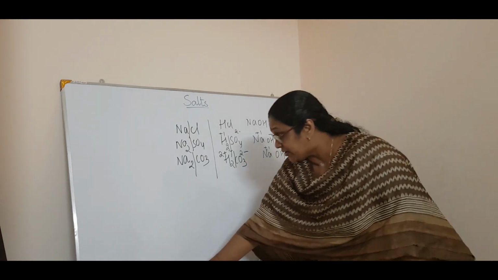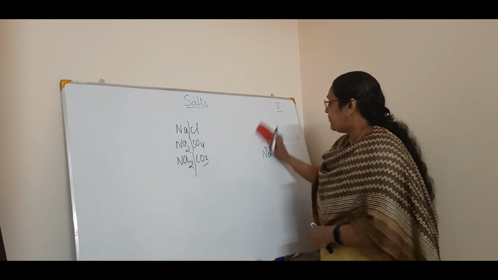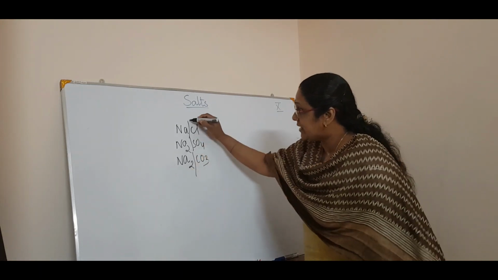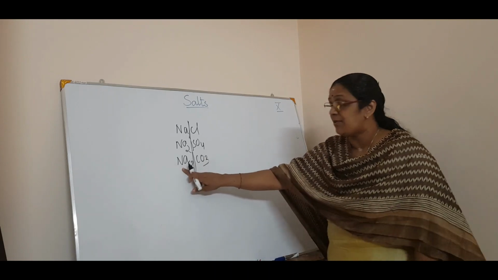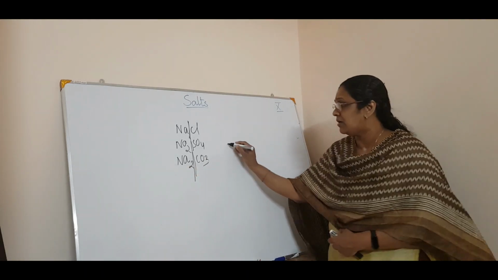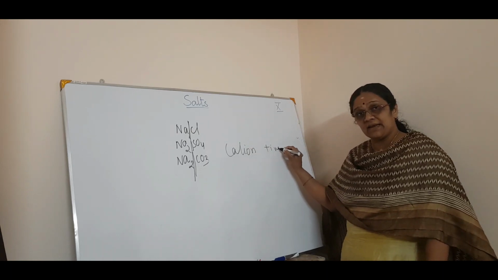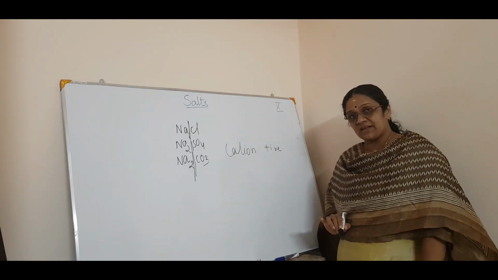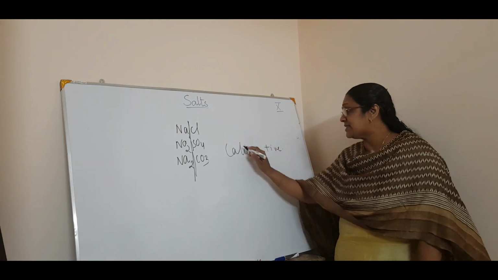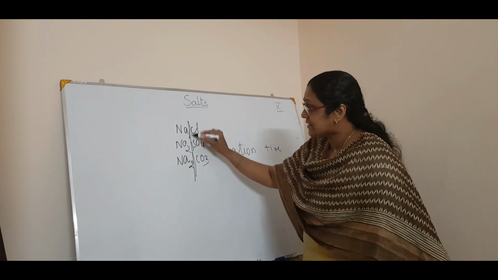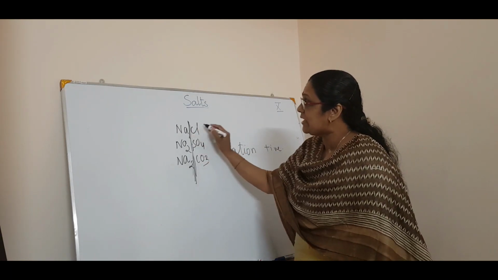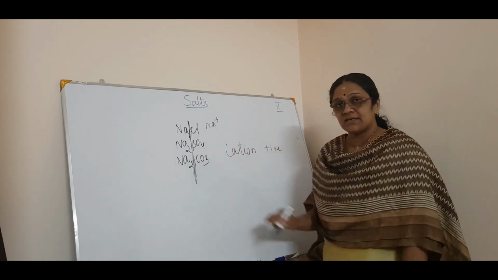Now what we were talking about is, if you write this, you know that all these salts contain the same cation. What is cation? Cation is a positive ion or radical. So in this case, all the salts have the same cation, Na plus. Correct?